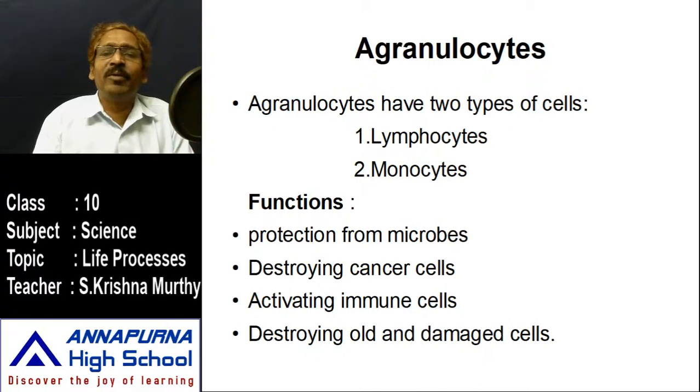Nowadays we have been bothered by different kinds of viral diseases. They are also microbes. To protect us, our body has one kind of system, the immunity system. So mainly that protection happens along with agranulocytes such as lymphocytes and monocytes.